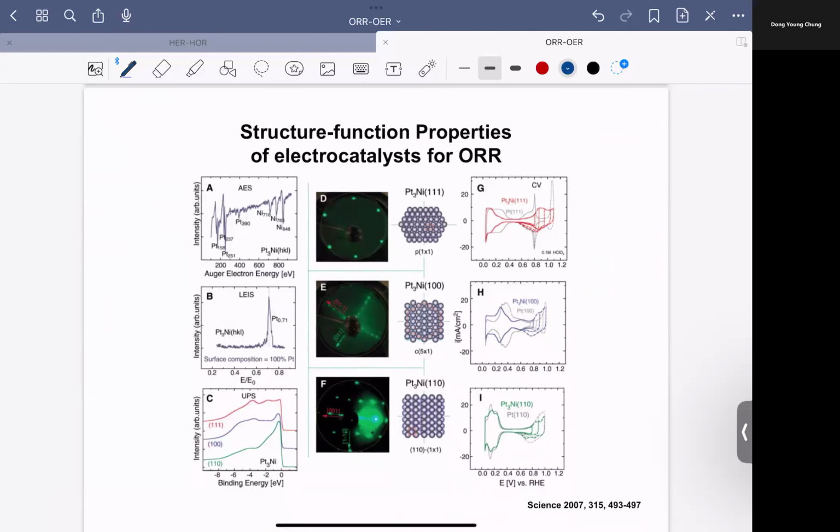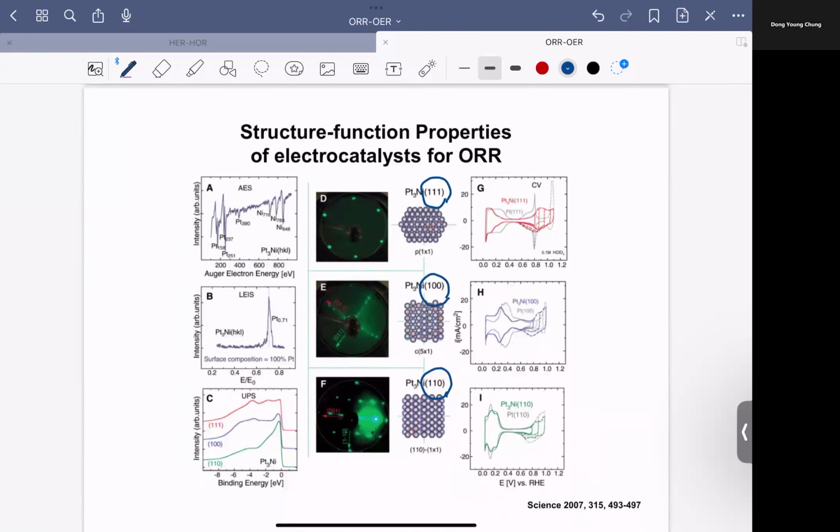As I briefly mentioned at the beginning, we would like to mainly focus on the structure-function relationship, using ORR as an example. So we would like to focus on three different facets, the 111, 100, and 110 surfaces, as the starting point of our discussion.